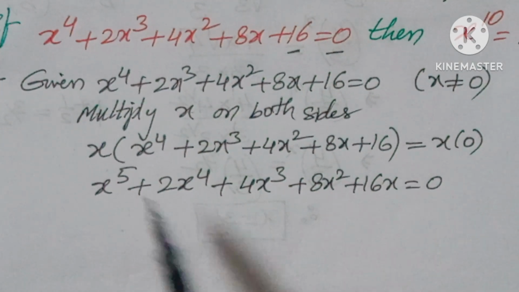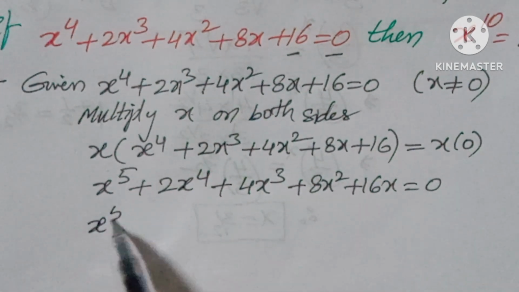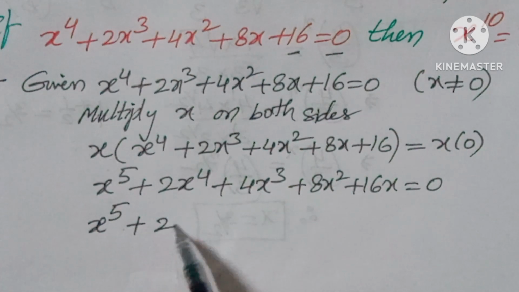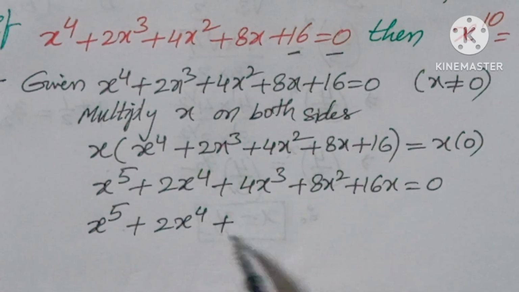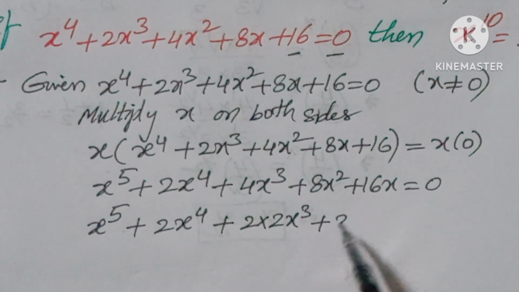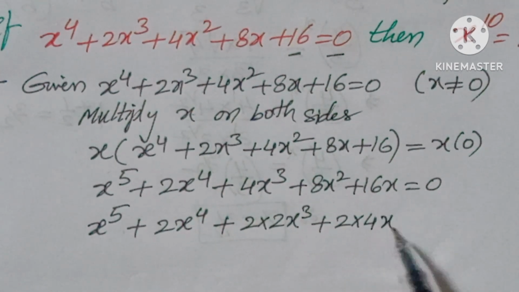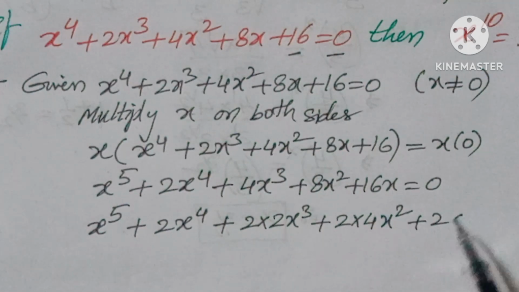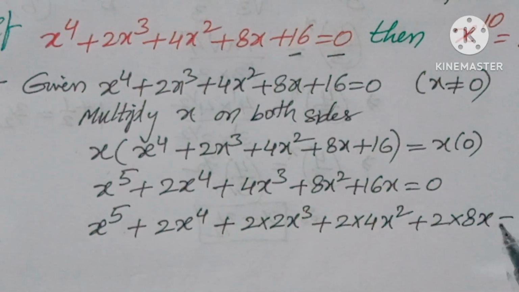Now this can be written as x to the power of 5 plus 2x to the power of 4 plus 2 into 2x to the power of 3 plus 2 into 4x to the power of 2 plus 2 into 8x equal to 0.